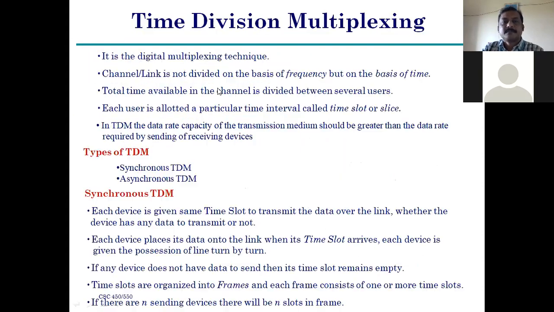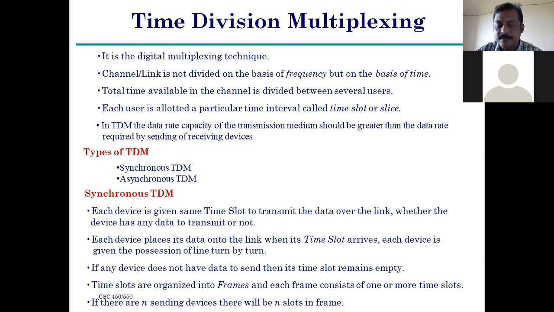Next, these are the types, right? Synchronous time division multiplexing is sometimes known as STDM, or sometimes known as statistical time division multiplexing. If they ask in an exam to explain about STDM, synchronous time division multiplexing or statistical time division multiplexing, or STDM, all are the same.